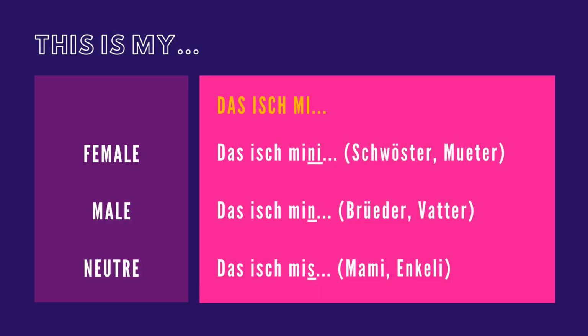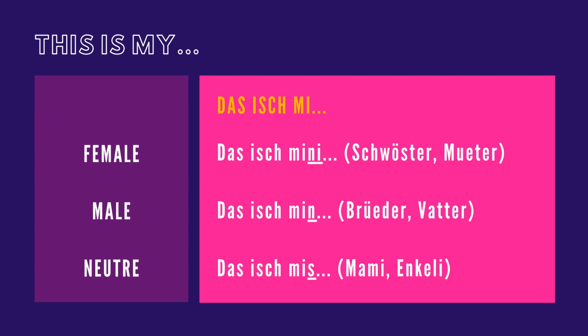For example, if you want to introduce your sister to someone, you would say, das ist meine Schwester. If you have a male person, you would say, das ist mein Bruder. If you have a neuter word, like for example Enkeli is neuter in Swiss German, and Mami is neuter too.